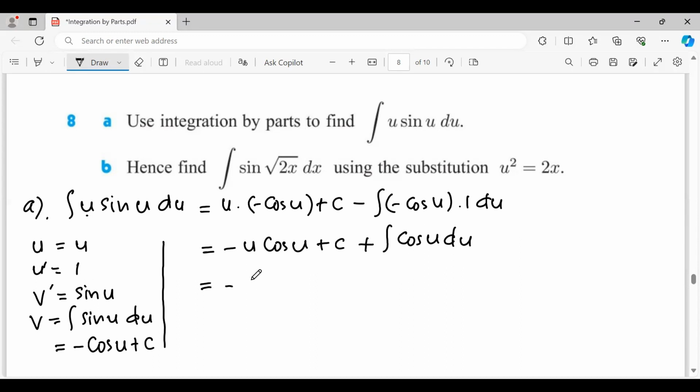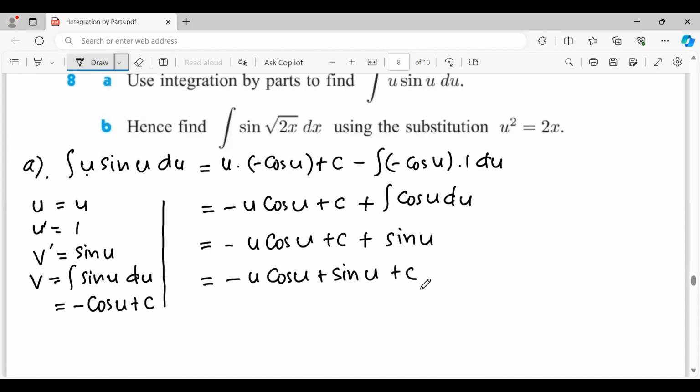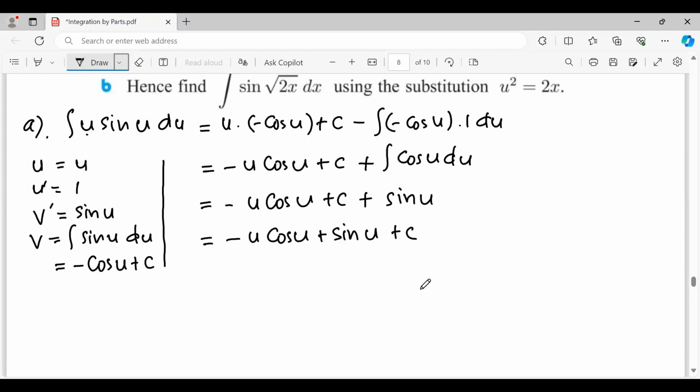So minus u cosine u plus c plus sine u. So the integral comes out as minus u cosine u plus sine u plus c.